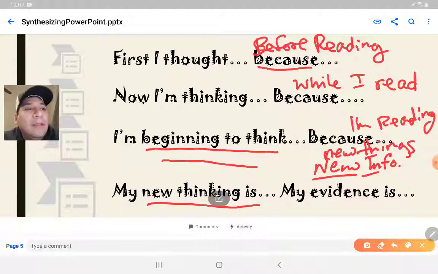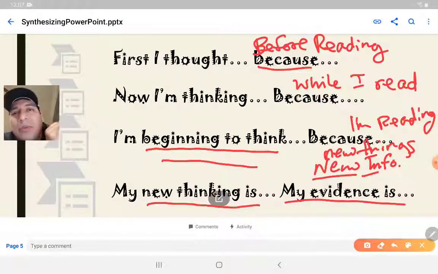About bees in this case. My evidence is what? Well, based on my new reading, based on my experience, I am coming up with a new idea or a new thought about bees. And I come to the conclusion that I like bees now, right? So that's how that thought process happens.